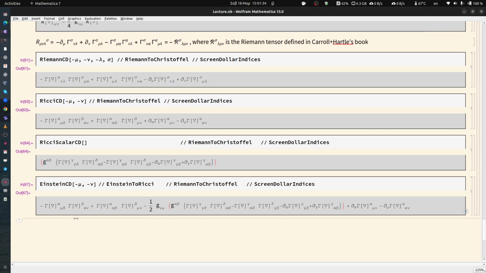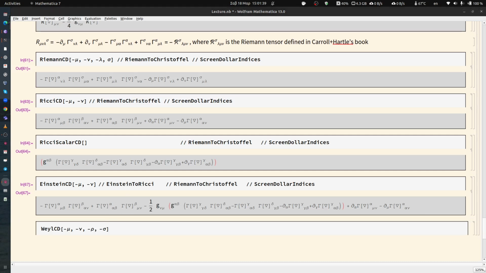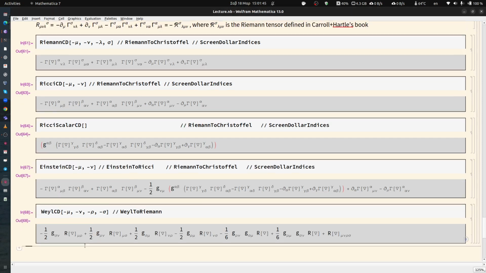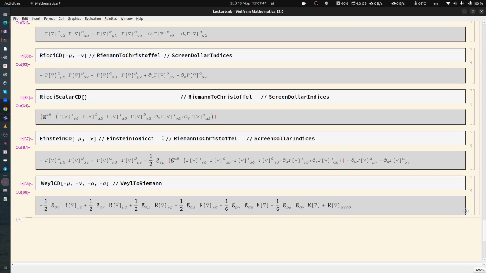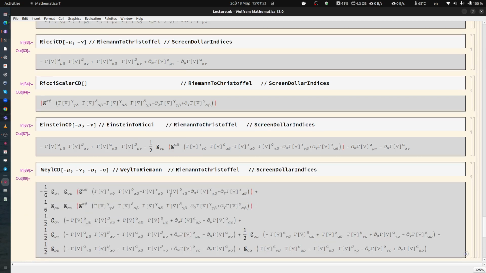So you can do the same thing for the Weyl tensor. The Weyl tensor has first to be transformed to an expression involving the Riemann tensor, and that expression can be transformed to an expression involving the Christoffel symbols.